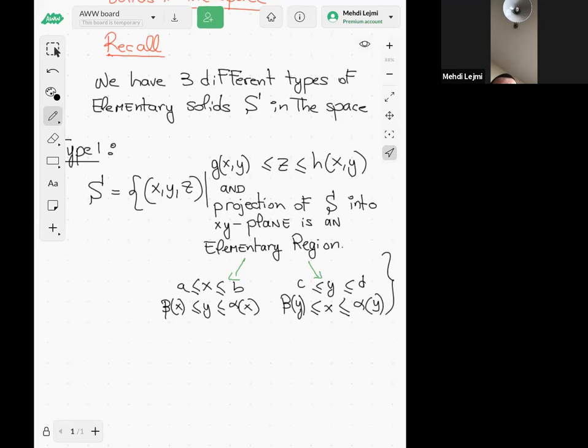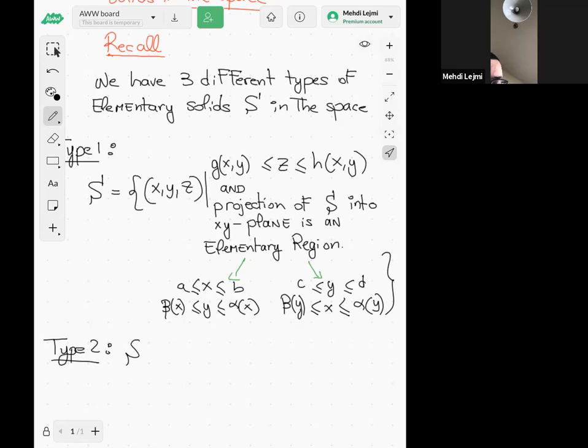So that's type 1 of elementary solids. Type 2, you can guess, as we discussed on Tuesday, is when y is between two functions of x and z.